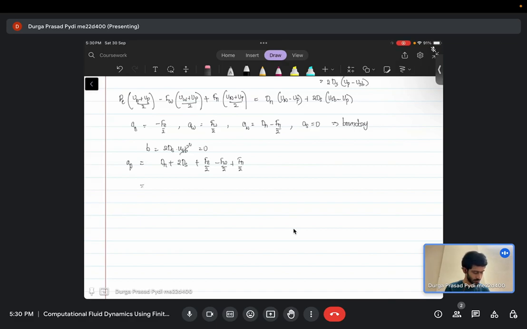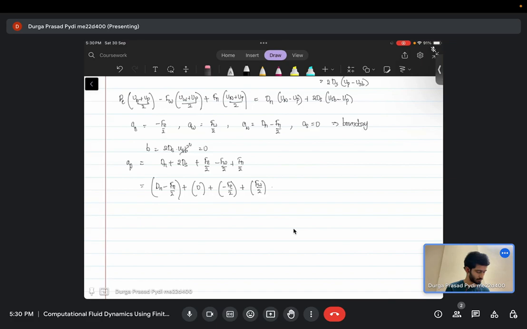So we write this in our coefficients, so it will be dn minus fn by 2. We don't have a south term, so I'll just leave that south to be 0, and then on the east face we have minus fe by 2, and on the west face I have plus fe by 2.